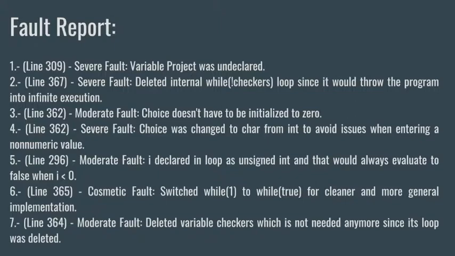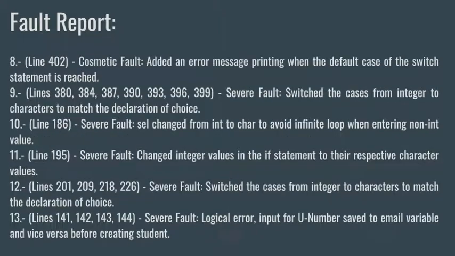Other than that, there were some unneeded while loops, as we can see on box 6, some nested while loops that were not necessary, and some integer variables declared as unsigned when they didn't have to be, and therefore the compiler was giving us trouble with that.